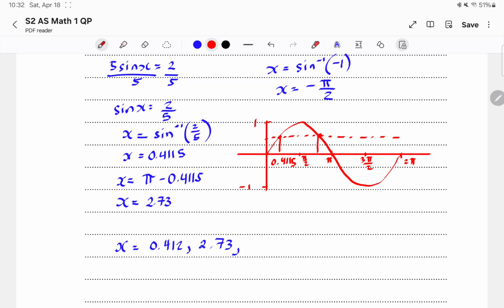So let's find this negative 1. Negative 1 is here, and you will see that it strikes the graph once, exactly at 3 pi over 2. Your solution would be negative pi over 2, which is not valid because it's not within our domain, but 3 pi over 2 is within our range. So that's 3 pi over 2, and those are all your solutions.